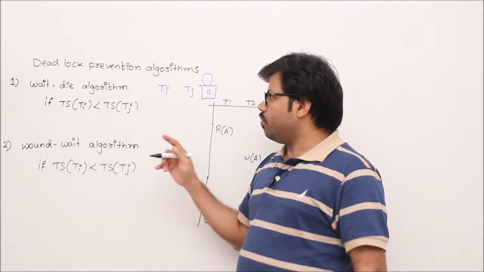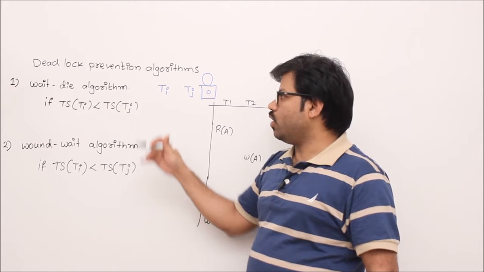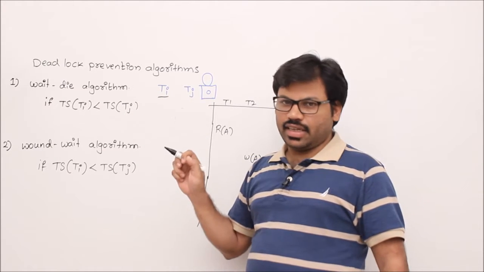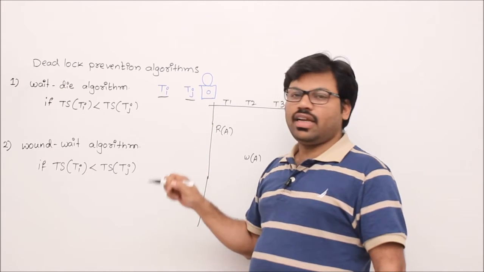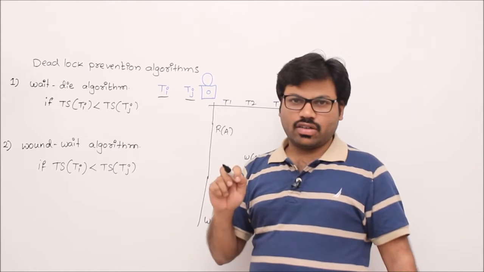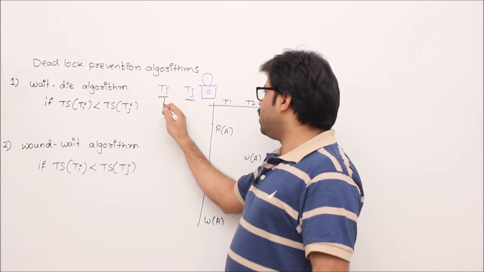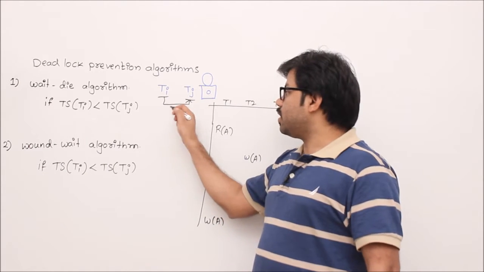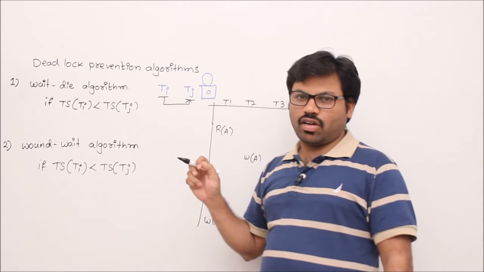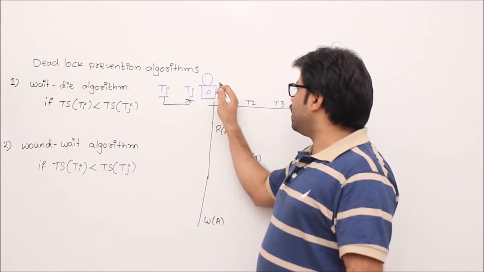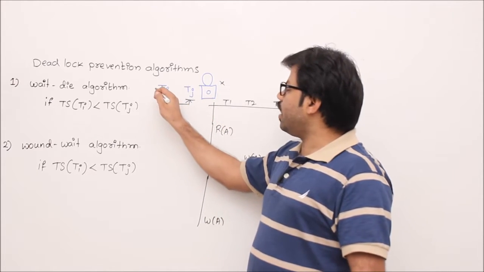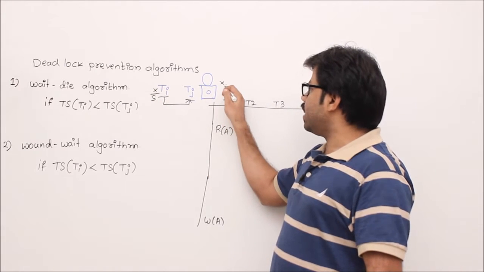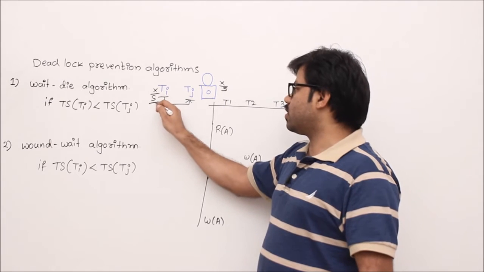In the wait-die algorithm, what is the scenario? Before going to the algorithm, this is the story. There is a transaction Ti and another transaction Tj. Tj is already holding the lock and Ti wants it. That means Ti wants a lock which is held by Tj, and especially that is a conflicting lock. For example, Tj has an exclusive lock and Ti wants an exclusive or shared lock, or Tj has a shared lock and Ti wants an exclusive lock.